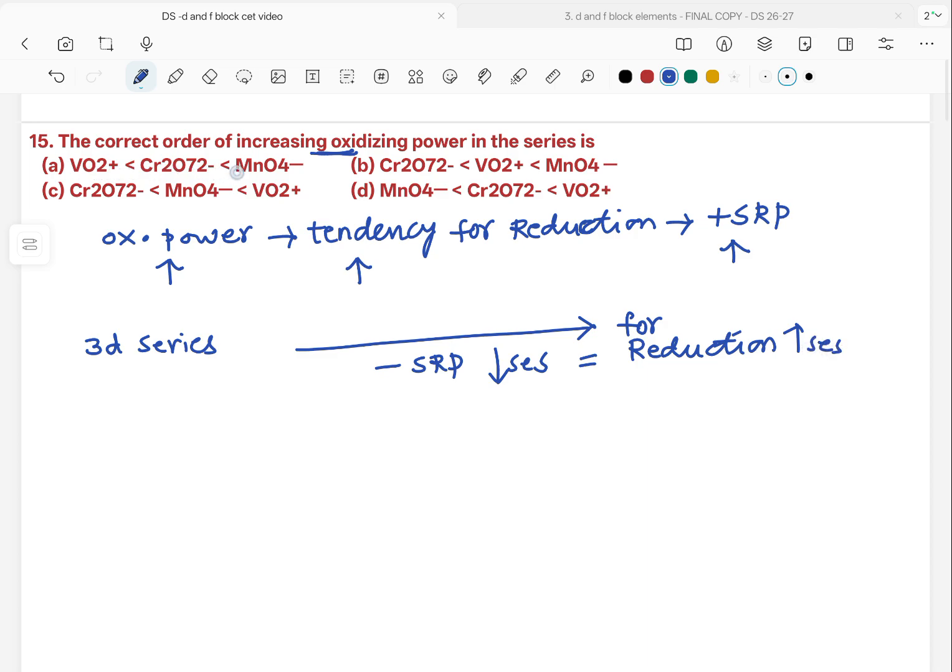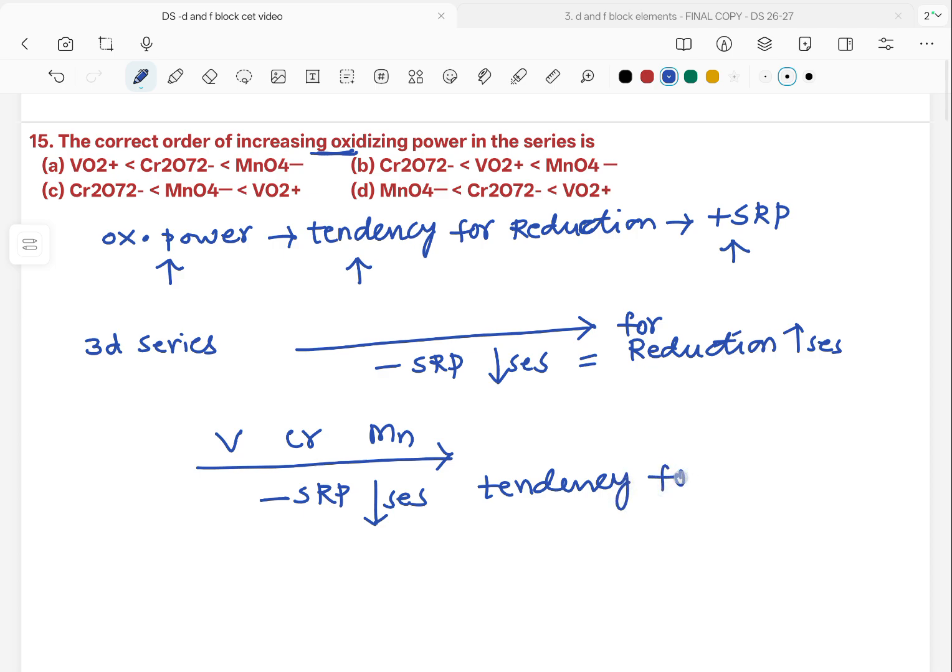When we look at the ions given here, across the series, vanadium comes first, then chromium, then manganese. As negative SRP value decreases across, meaning tendency for reduction increases. Greater the tendency of reduction, greater will be the oxidizing power.